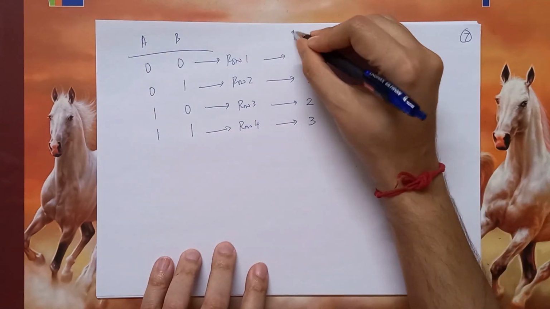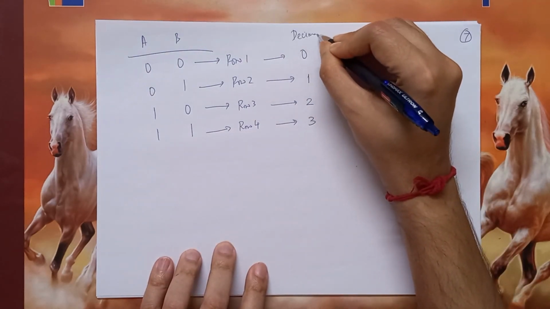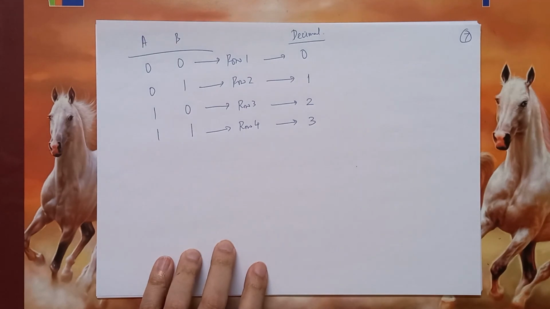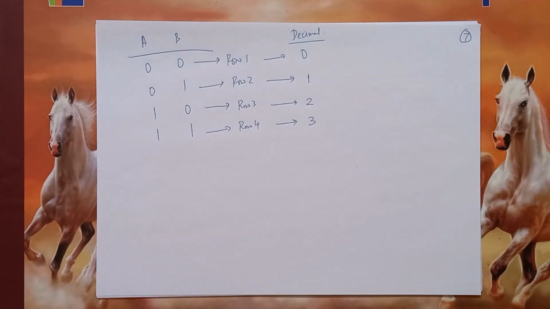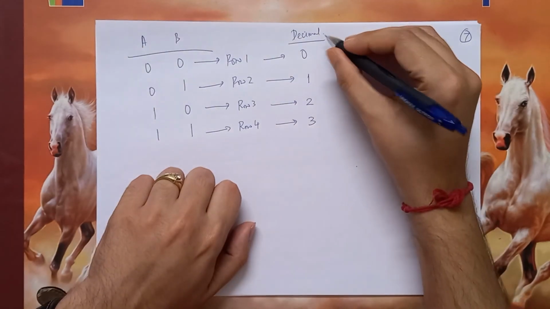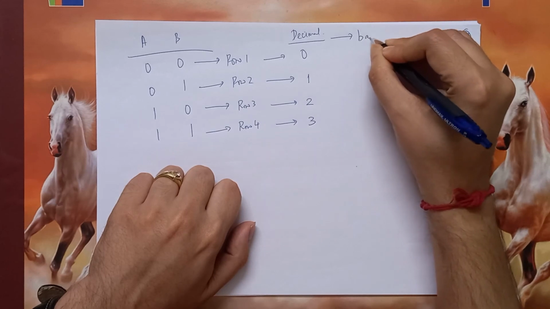This is in decimal system. Decimal system is that number system which we are used to working with since our childhood. This is the number system with which we are standardized, with which we follow. Here for decimal, the base is 10.